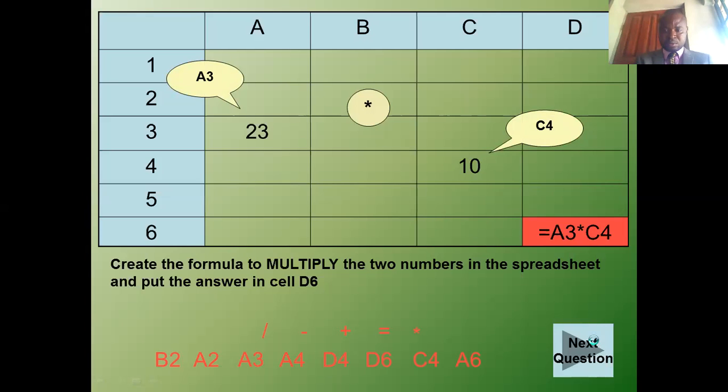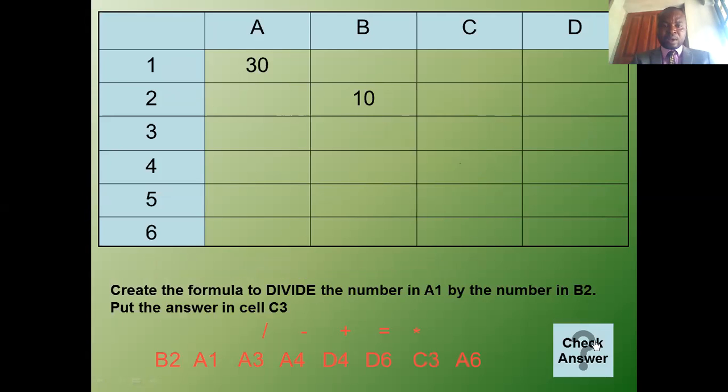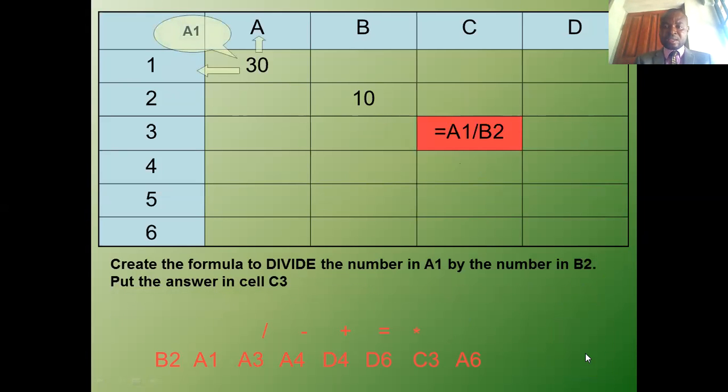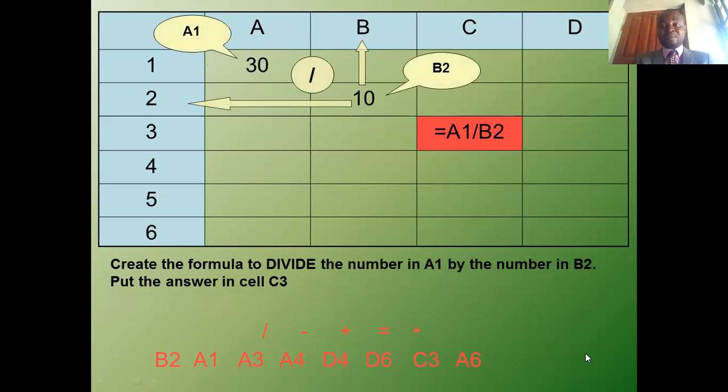The next one, we want to create the formula to divide the number in A1 by the number in B2. First, you put the equal sign, and of course the result should be in cell C3. You put the equal sign in cell C3, reference cell A1 and divide that by cell A2.